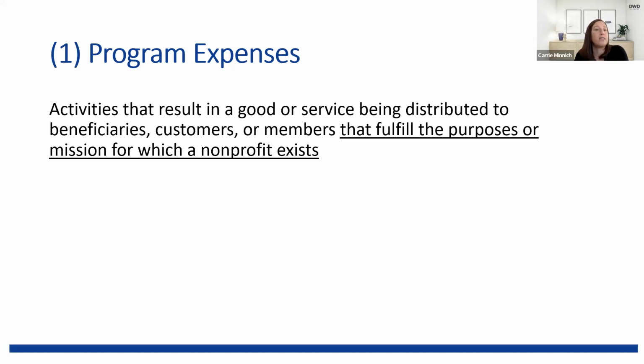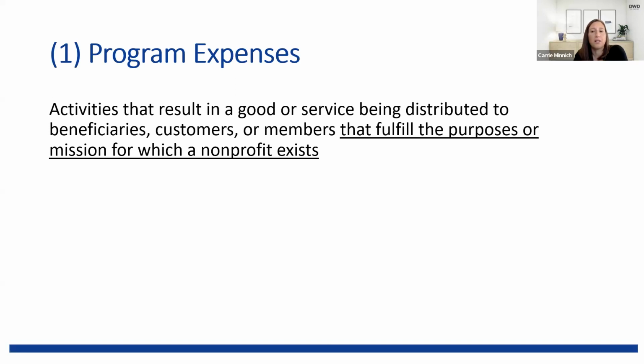So maybe you're a child care provider, so it's going to be the expenses related to providing child care. Or maybe you're an educational entity where you provide education, so it's going to be those expenses related to education. Common expenses for this function are salaries and benefits for the employees working directly in the program.